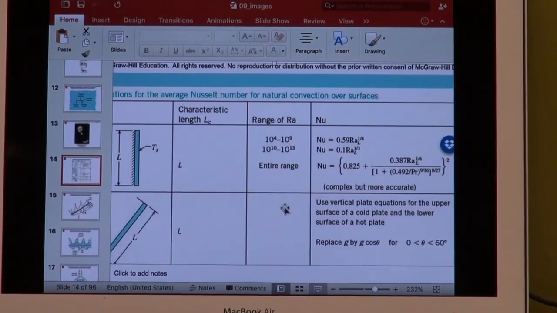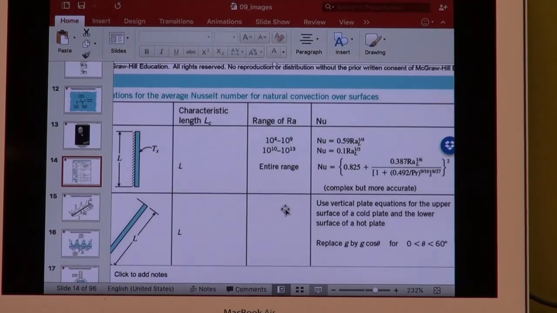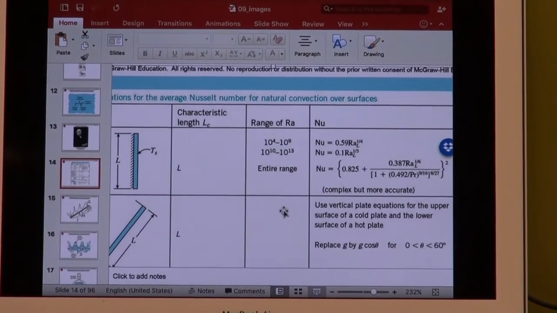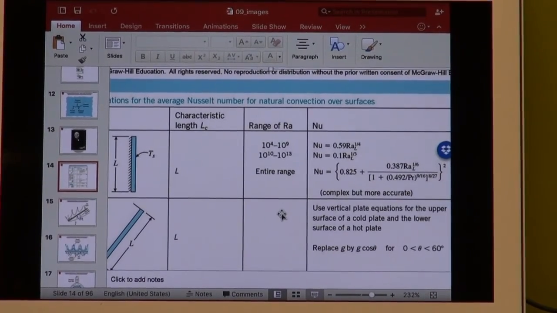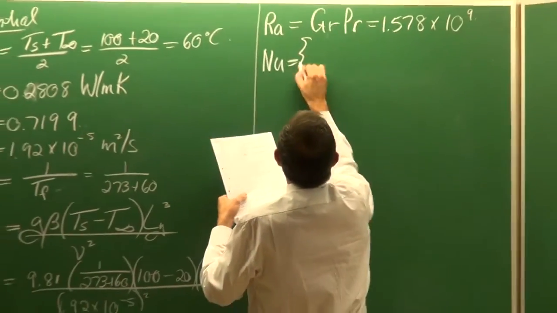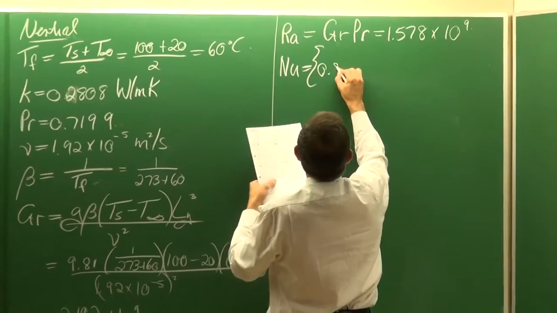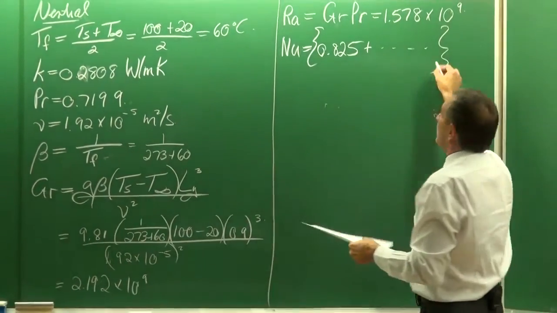So we cannot really use the first equation, but it's borderline for the second equation, sort of in between. But if we want to be more accurate, we can use the last one, the long equation. Okay. So that gives us the equation for the Nusselt number is equal to 0.825 plus all those terms.